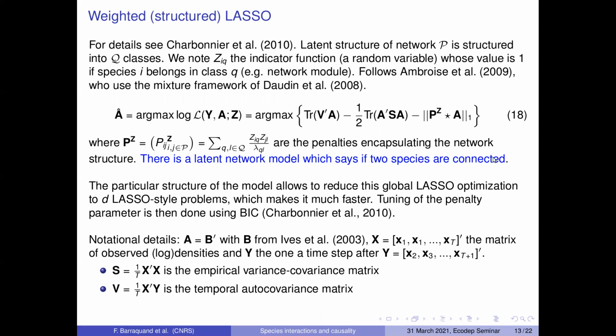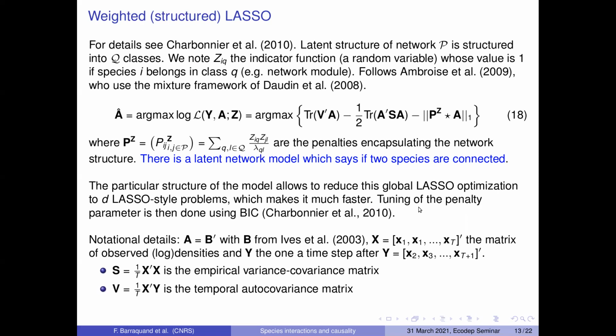So this is the philosophy of the statistics. And, you know, as important as the theory is the practice. How do you find those coefficients? They have found an algorithm which is quite efficient, and they managed to reduce this global lasso optimization to a number of lasso-style problems, and that makes it much faster.